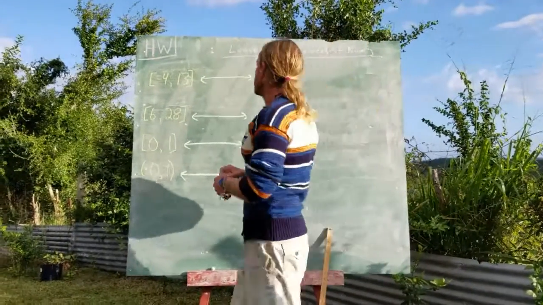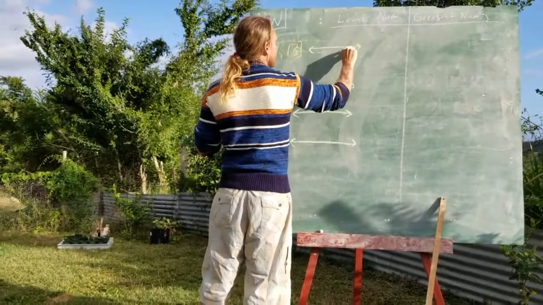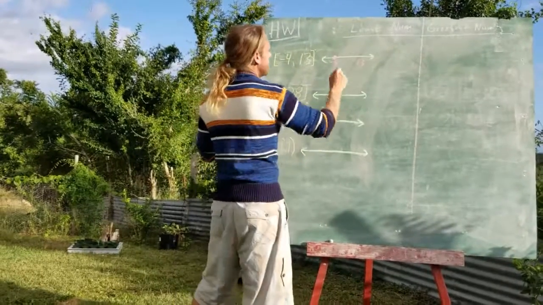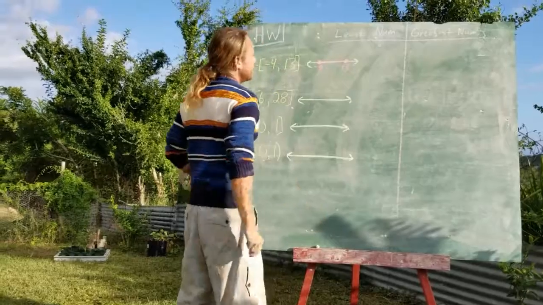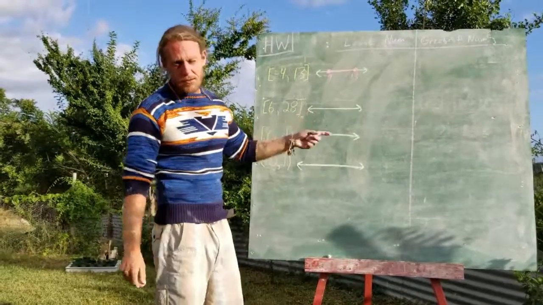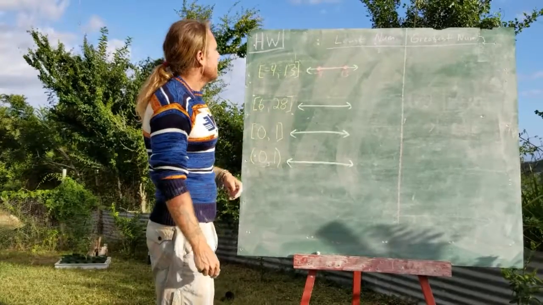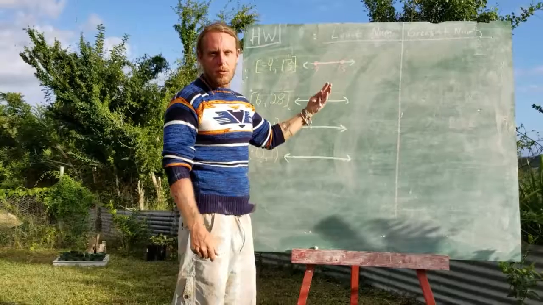What is the least number and the greatest number? Well, let's graph it just for practice sake, if nothing else. -4, 13. We have brackets both ways. This is a closed interval. So this interval consists of all the numbers between -4 and 13, including -4 and including 13. For our purposes of this assignment, we're only interested in two numbers, the least number and the greatest number within the interval.